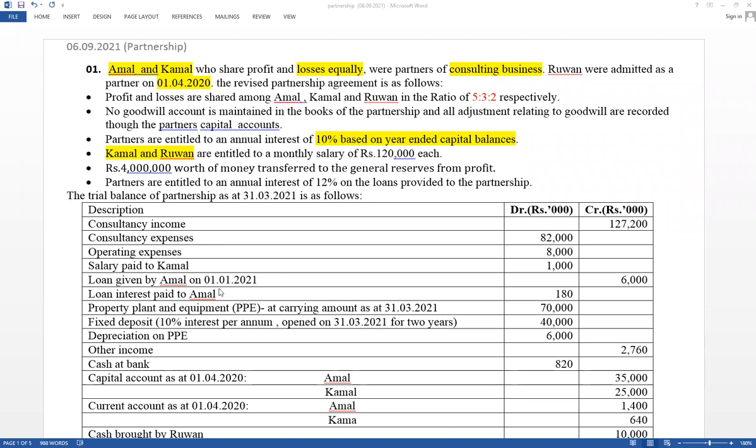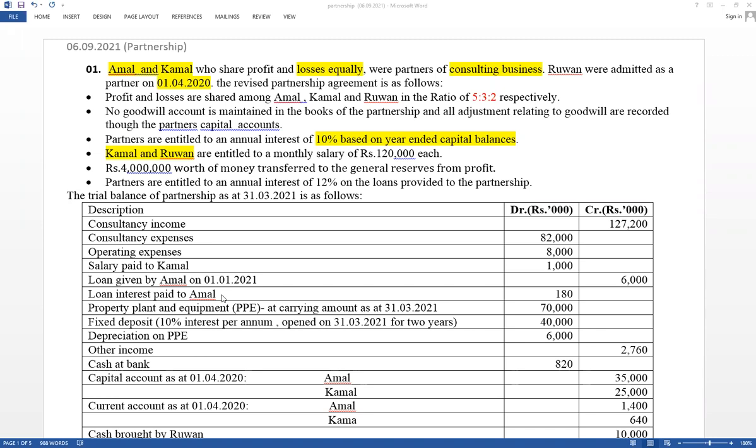But when calculating loan interest, try to recognize how many months are available during the accounting period. Loan interest paid to Amal is also given. All the paid amounts for partners should be recorded on the debit side of the current accounts.